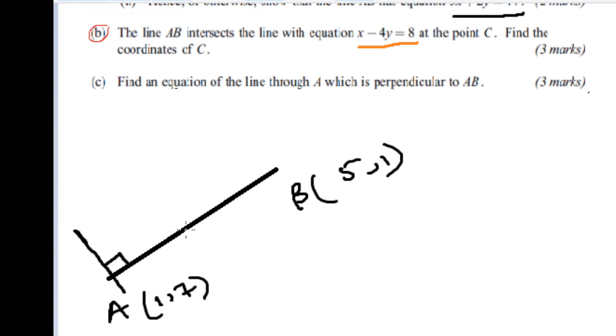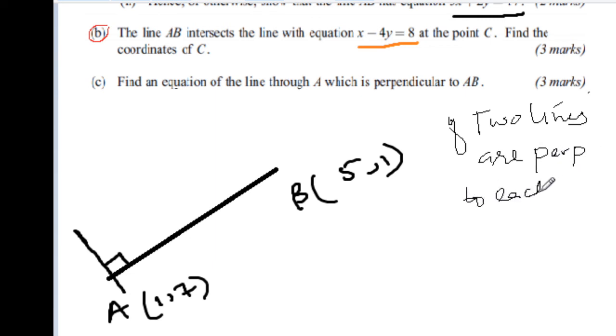Now we have done this thing, that if two lines are perpendicular to each other, then m1 and m2, their gradients' product, is equal to minus 1.